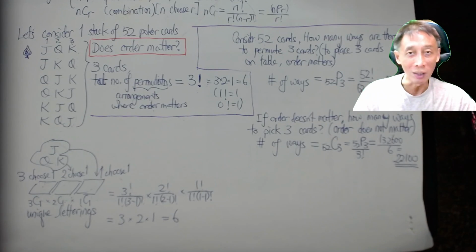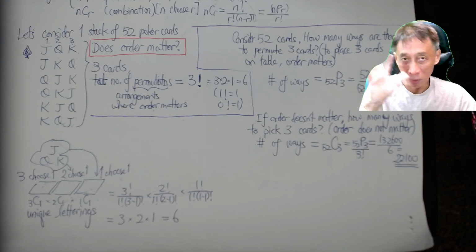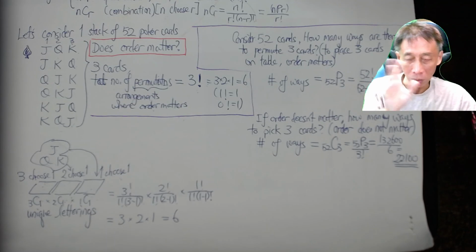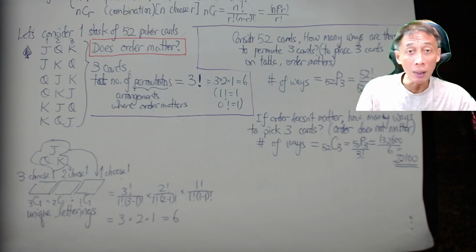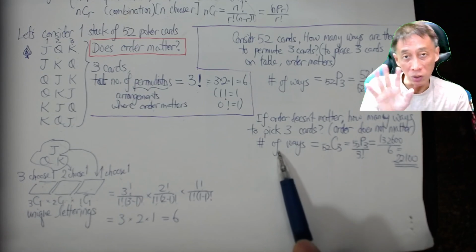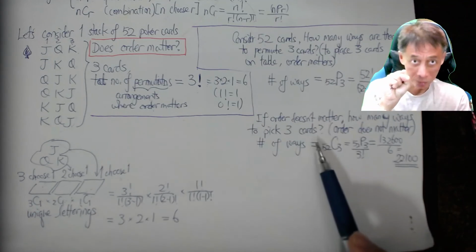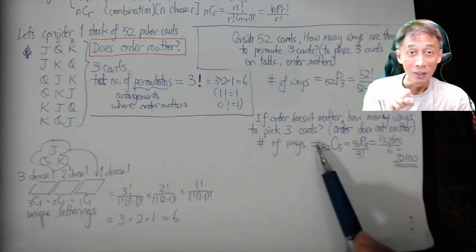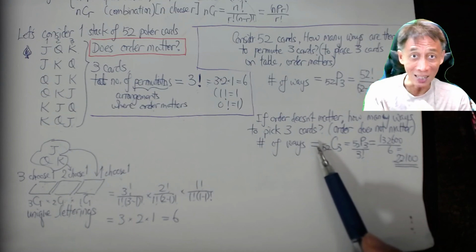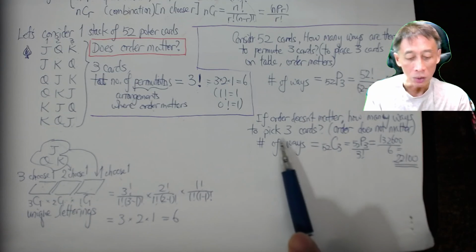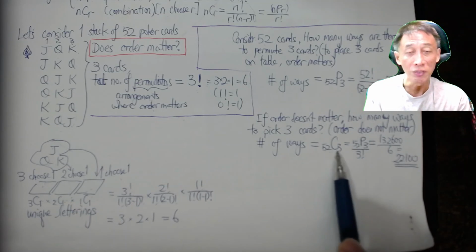We need to form a debate team of 3 students. I don't care about who is going to speak first or last. How many ways are there? Well, that's just 52 students picking 3 as a group. It doesn't matter whether Tom is picked first or last as a 3-member team, correct? So order doesn't matter: 52C3.